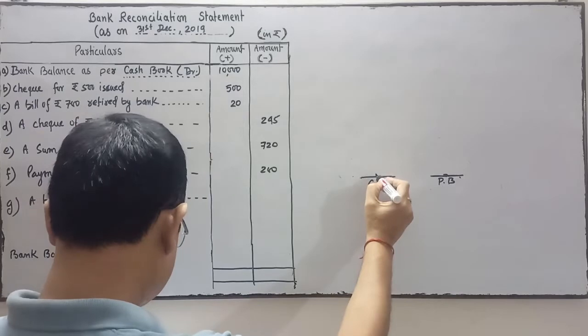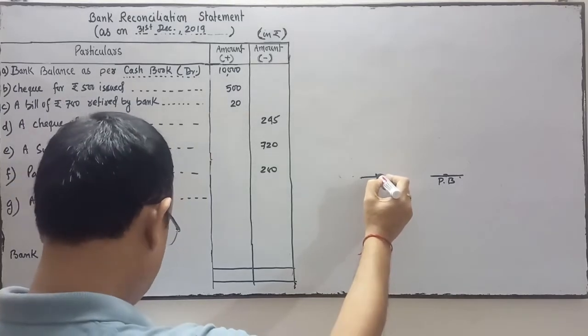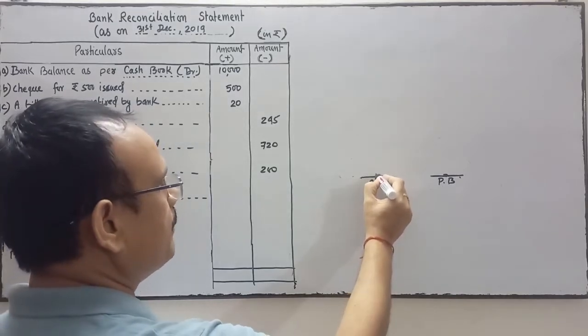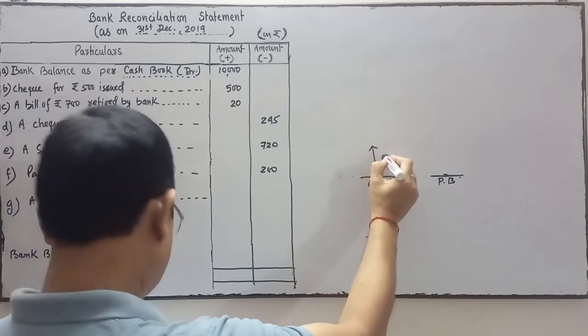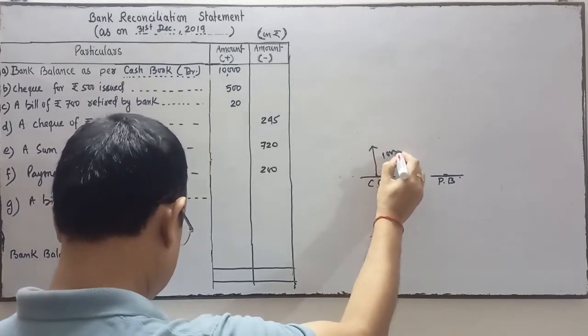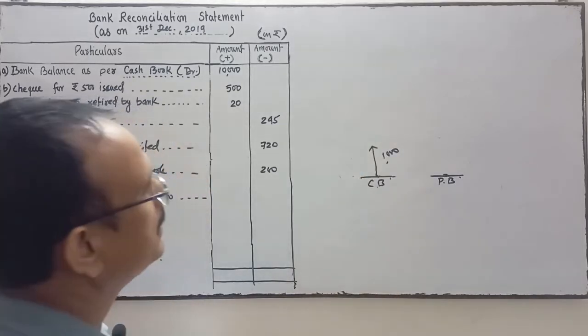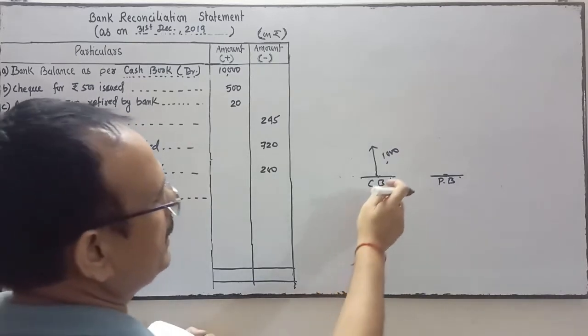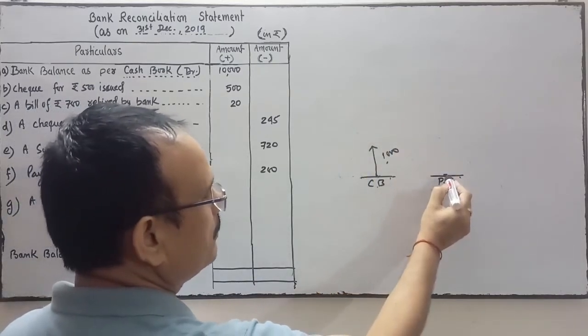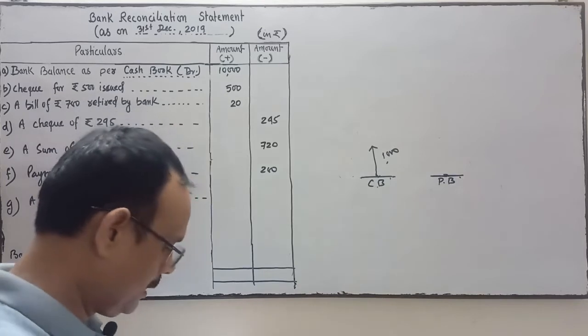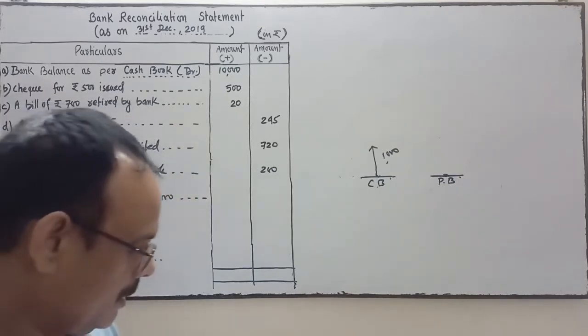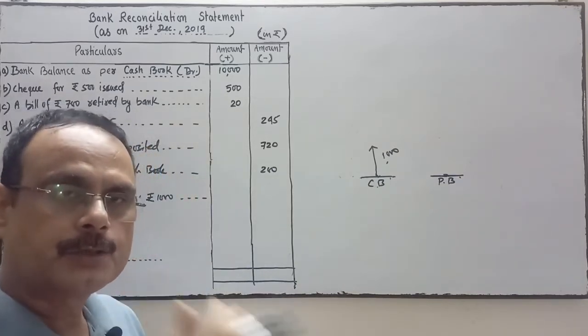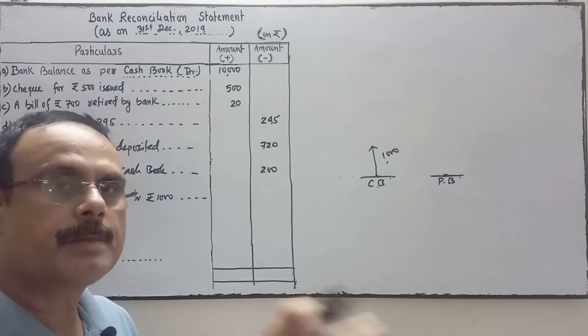So when bills receivable is discounted with the bank, cash book will increase by that amount, 1000 rupees. So cash book amount will be increased by 1000, and in passbook it is not recorded because the bill which was discounted is dishonored by the bank.